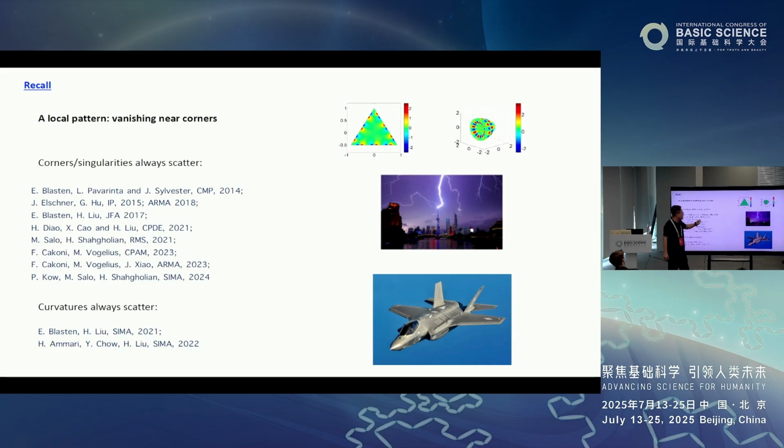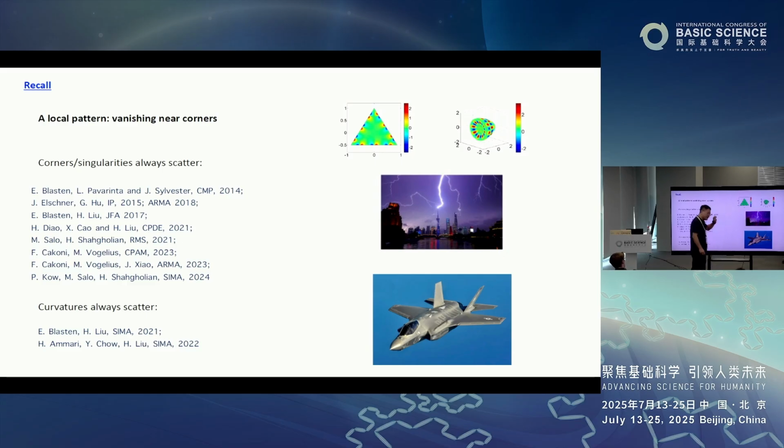So that means if you send a wave, a free mode, that does not vanish at the corner, then this must generate a very strong scattering at this corner point.